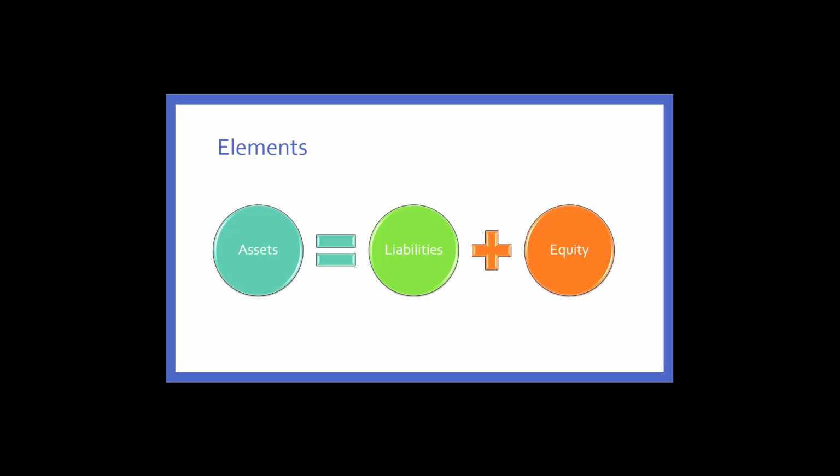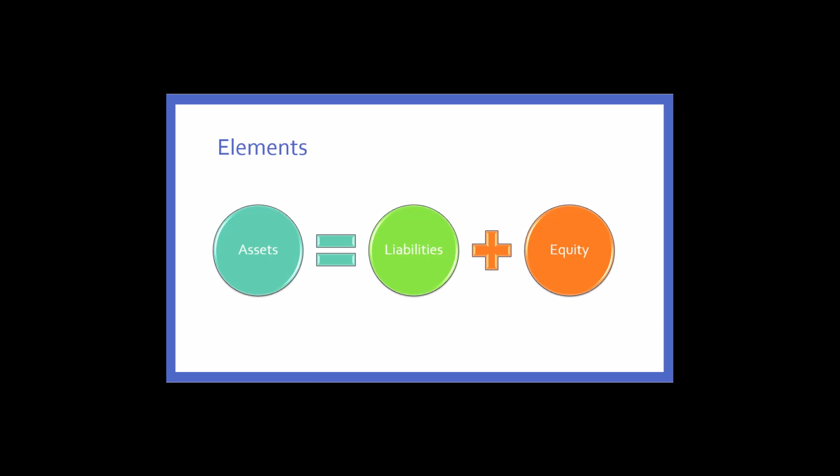Liabilities represent a creditor's claim on our assets. Liabilities are simply things that we owe to other parties. It could be money that we owe, goods and services that we owe. It's usually money that we owe, but liabilities are what we owe to others. And then equity is basically the residual of the two of those.